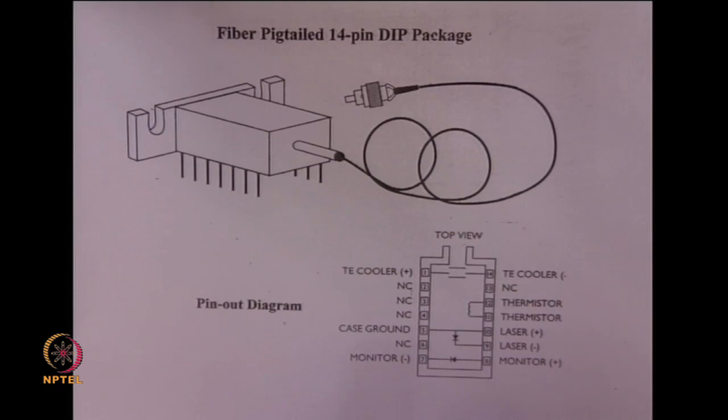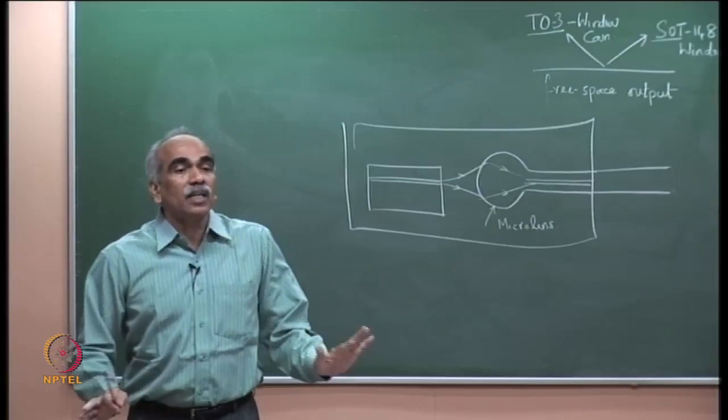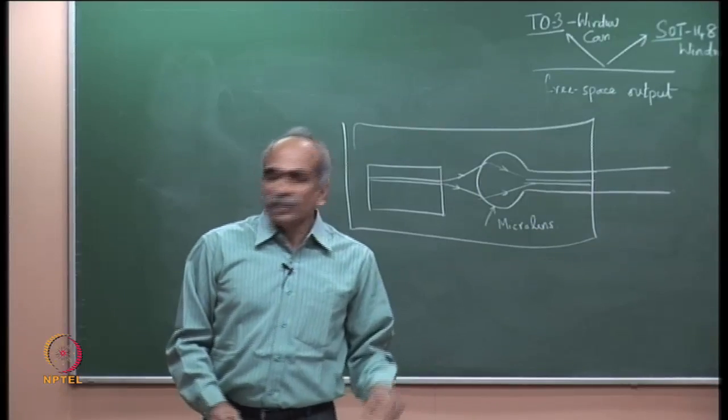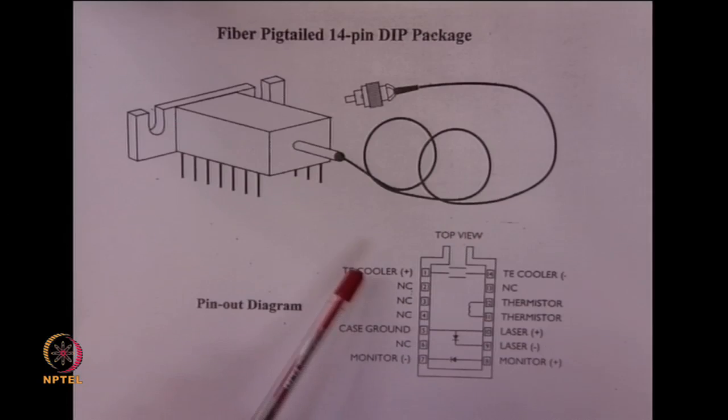You can again see what the pins stand for: monitor photodiode negative, monitor photodiode positive. Here is the monitor photodiode. The laser diode positive, anode and cathode. There is a thermistor shown here. NC stands for not connected. Although there are 14 pins, all pins are not connected.